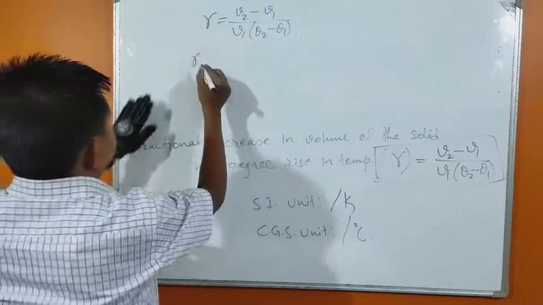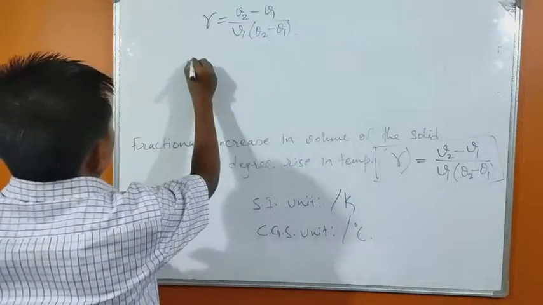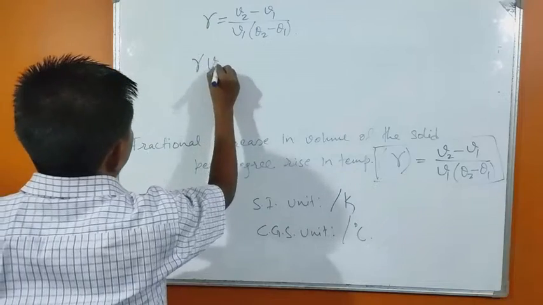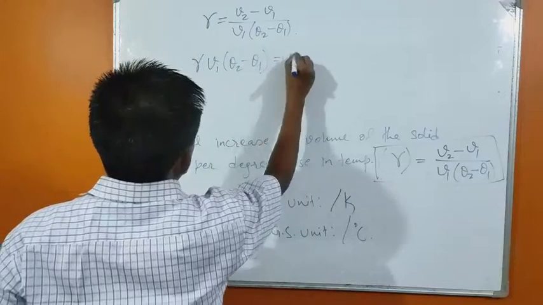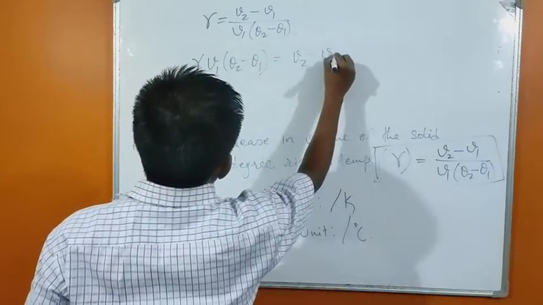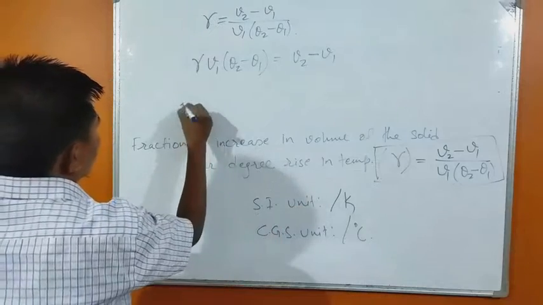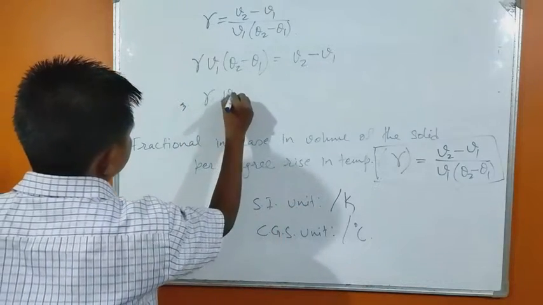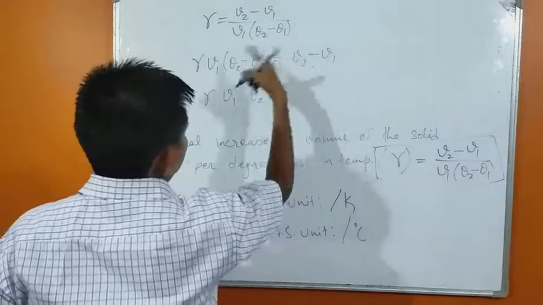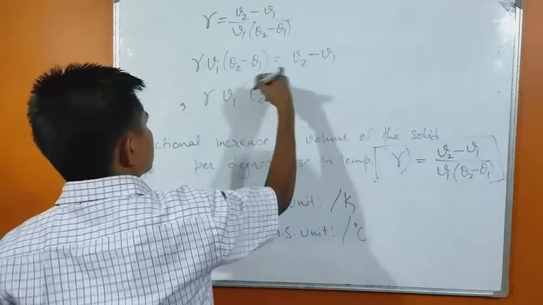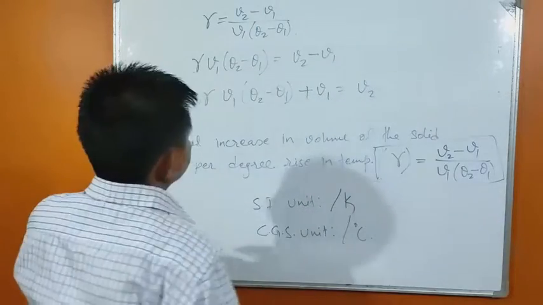Gamma into V1 into theta 2 minus theta 1 equal to V2 minus V1. We bring this minus V1 to the left hand side, becomes plus V1 equal to V2.